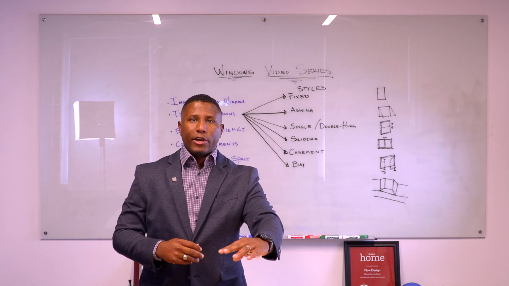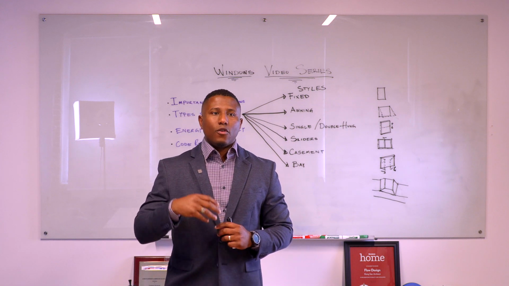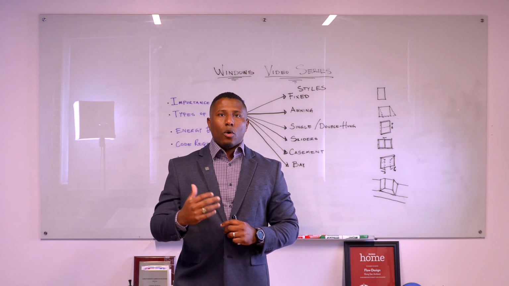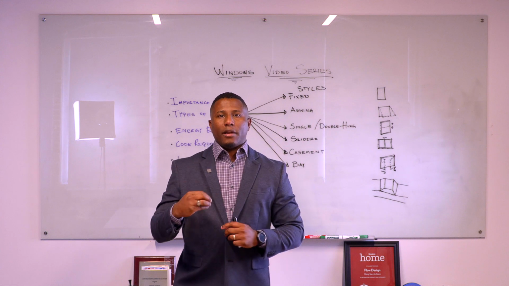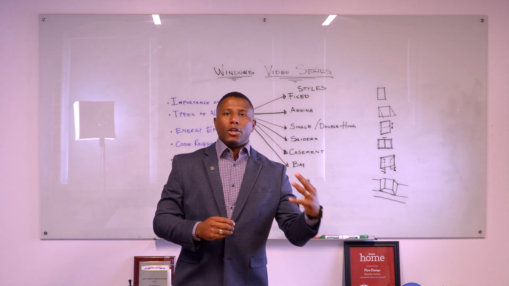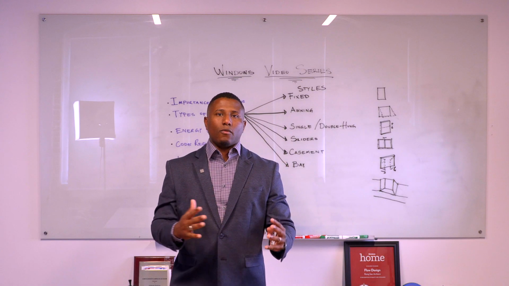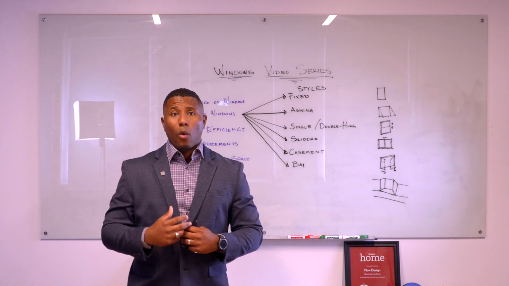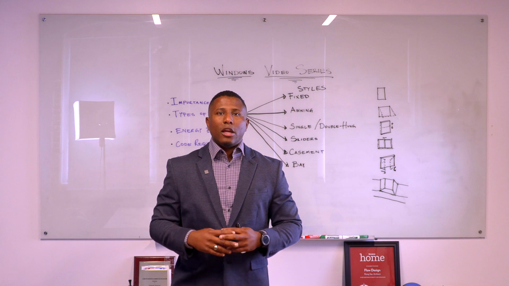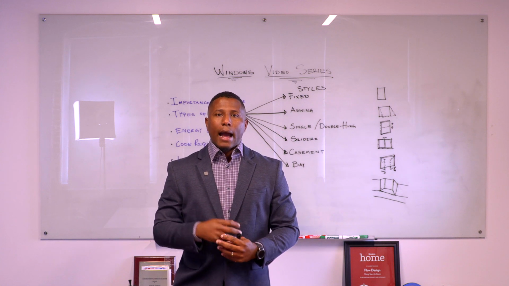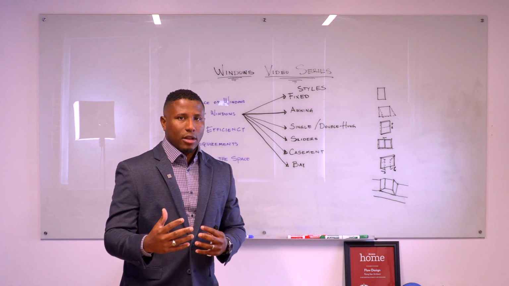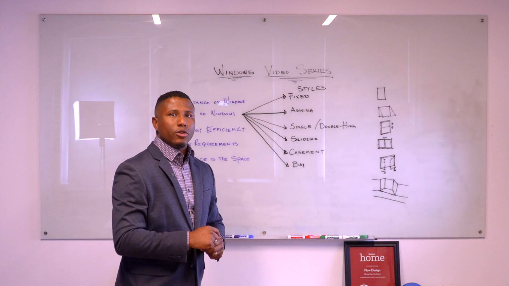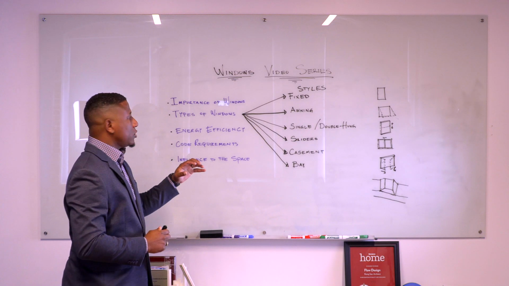Let's say you have a patio or something like that. If you don't know the concept of having a fixed window, having an awning window, these different types of windows, you wouldn't be able to connect those spaces together, which is why we are creating these videos to inform the community how to utilize these different types of windows and when to use them. So let's go in depth.